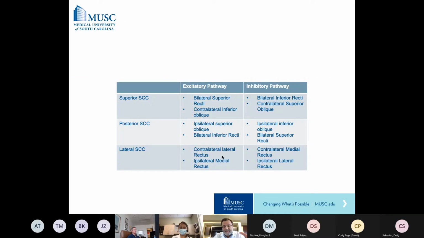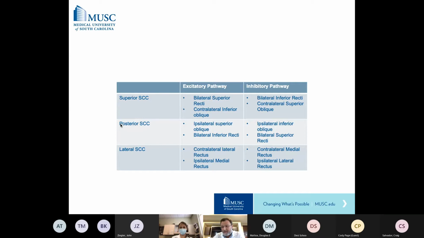And this table summarizes the pairing of the semicircular canals with the oculomotor muscles. For example, if we look at the posterior semicircular canal to explain why we get an upbeat torsional nystagmus, the posterior semicircular canal is paired with the ipsilateral superior oblique muscle, which by definition brings the globe of the eye downward and inward.